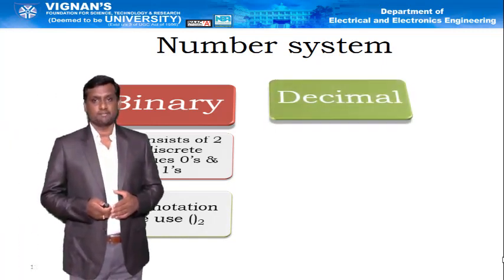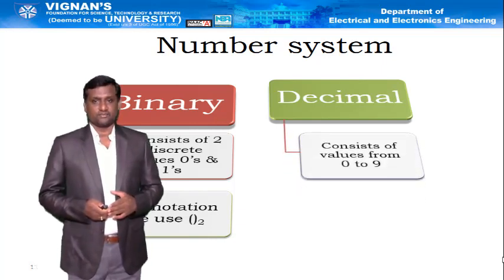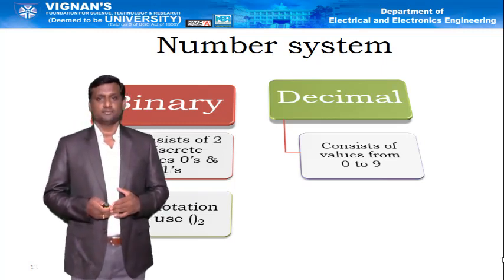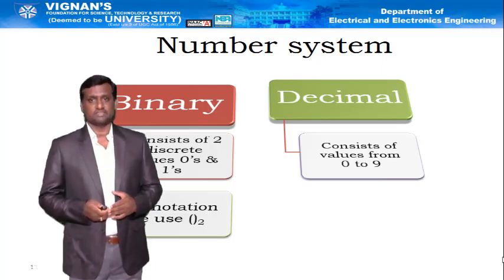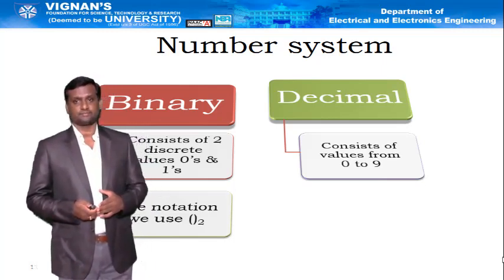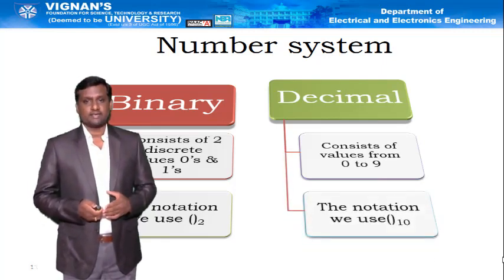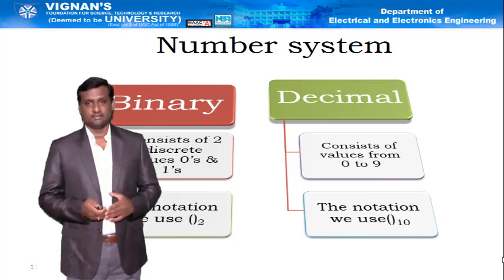Next one is the decimal number system. It consists of 0 to 9 digits. So the decimal number system has 10 digits counting from 0 to 9. That's why the notation followed for the decimal number system is base 10.